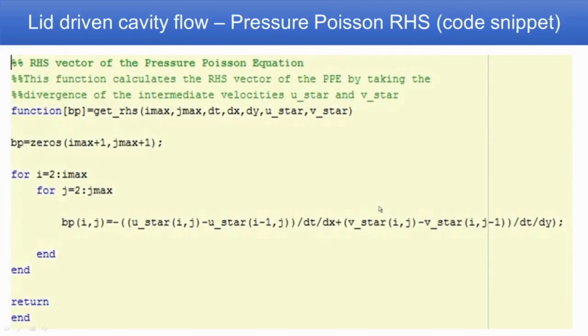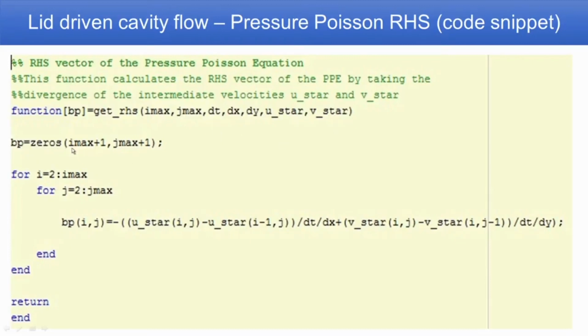So, the corresponding code is displayed here. The right side column vector is actually given as BP. Comments are written in the first few lines: RHS vector of the pressure Poisson equation. This function calculates the RHS vector of the pressure Poisson equation by considering the divergence of the intermediate velocities u star and v star. So, we define the function with the corresponding arguments as shown here.